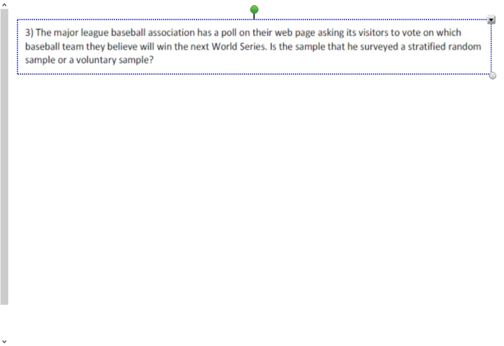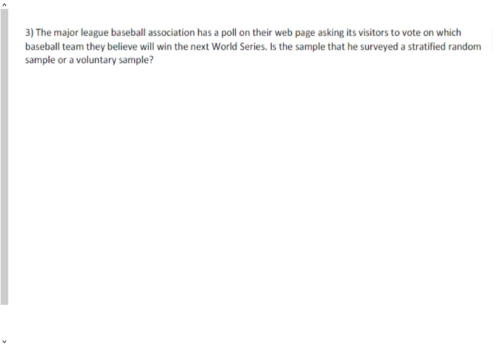Okay. Let's see. Baseball put a poll asking its visitors to vote on which one they believe. All right. This is also a voluntary sample because the members are choosing whether or not they want to participate.